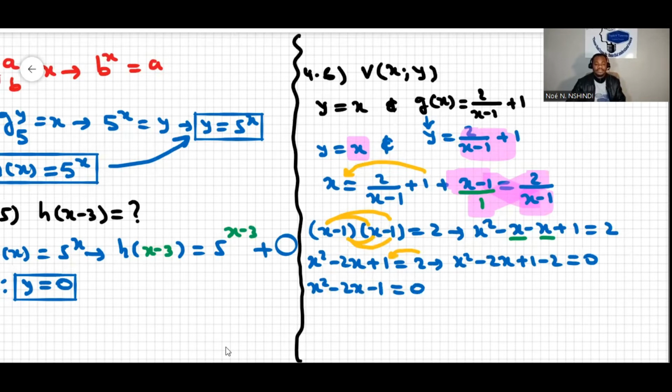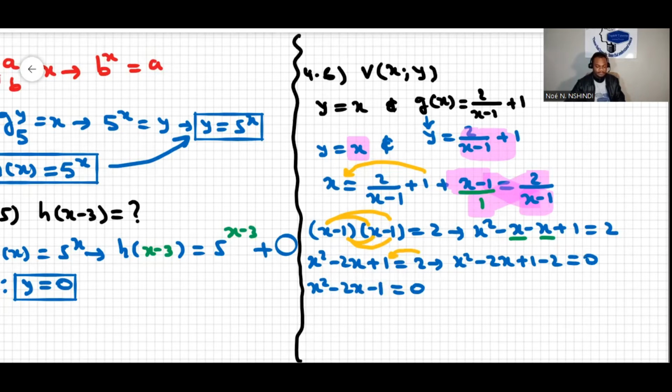Now, in this situation, we cannot really factorize it because I cannot get the value of 1. This equation is not factorizable because negative 1 here will never make a sum equal to negative 2 and a product equal to negative 1. You can check.